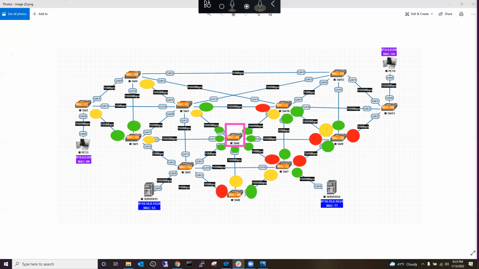Blocking on which port? On switch 8, going towards switch 5. Well, the main reason is because it has the worst cost to get to the root bridge. That's why I made it a blocking port. You mean switch 8 has the worst cost? Yeah, if you go from switch 8 to switch 5 and then to switch 6, that's a cost of 200 right there.